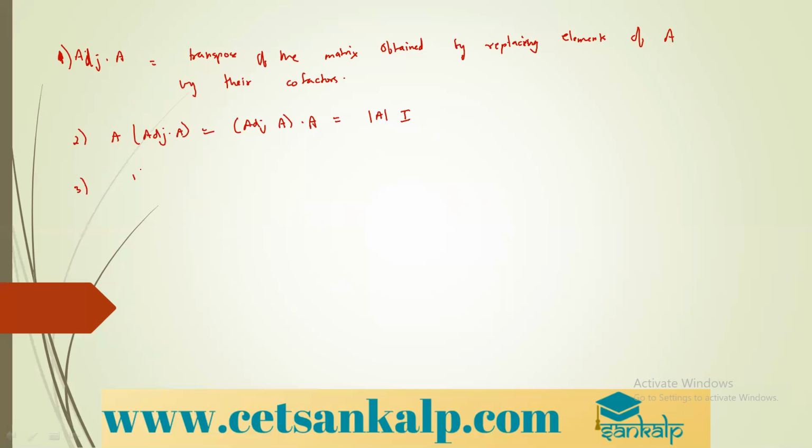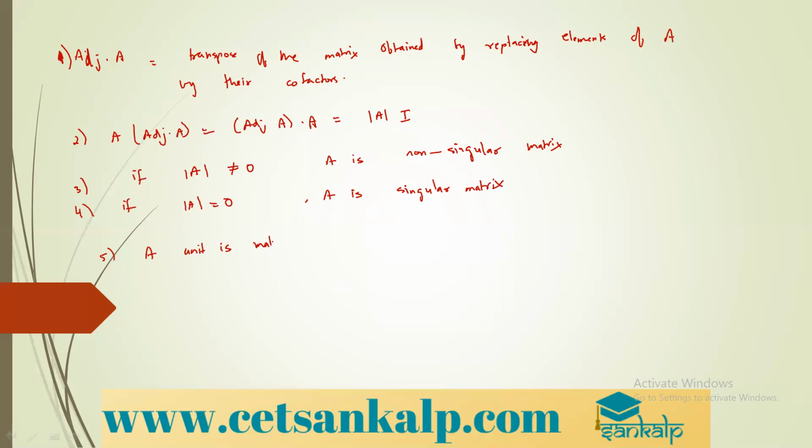Next is, if determinant of A is not 0, then A is a non-singular matrix. But if determinant of A equal to 0, then A is a singular matrix. So a unit matrix is always non-singular, no matter whatever be the condition.